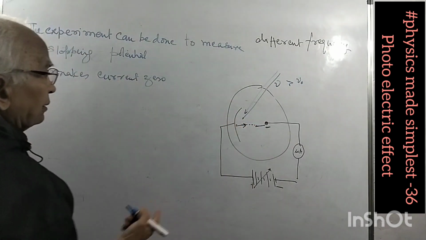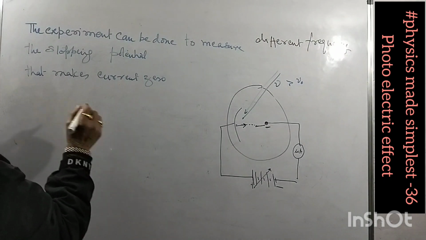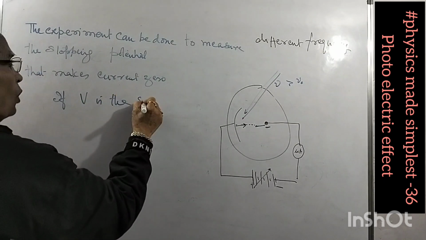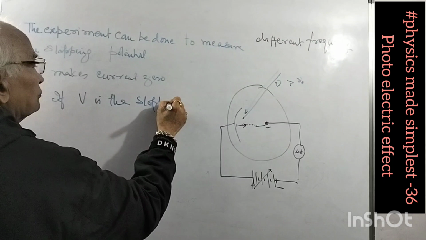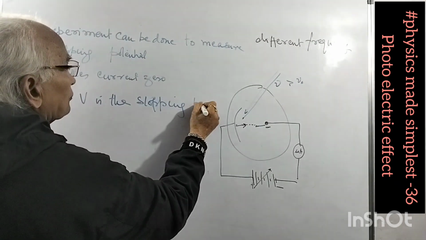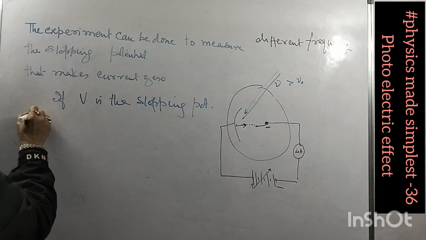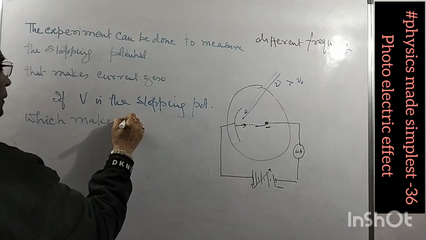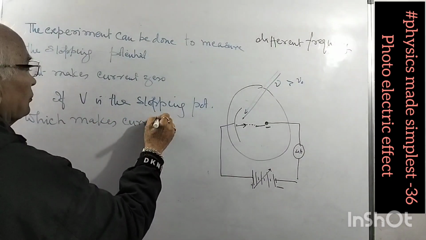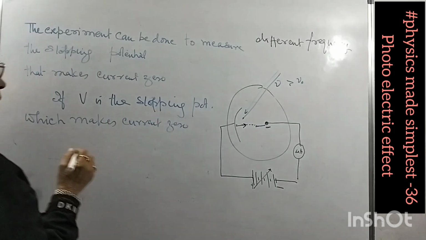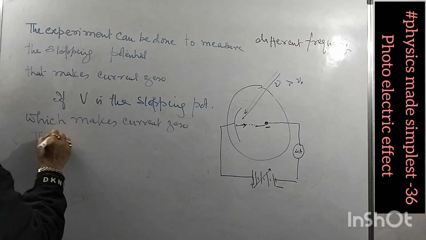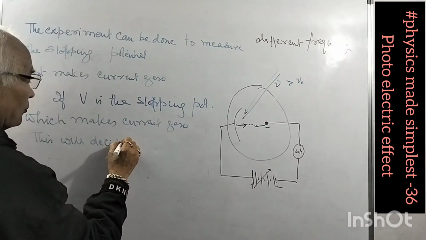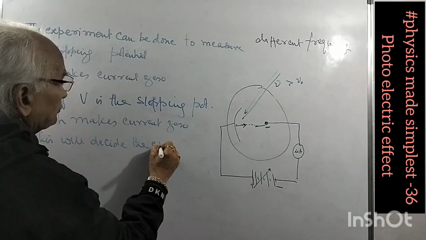So if V is the stopping potential, which makes current zero, this will decide the energy of electrons.